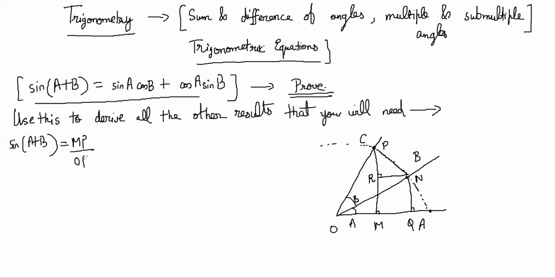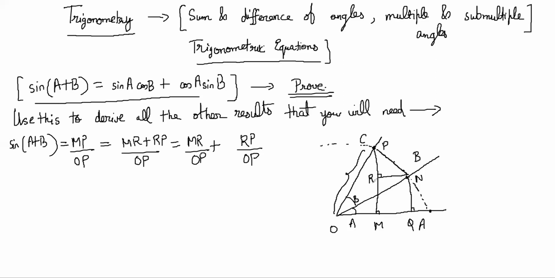MP by OP, right? Now MP can be written as MR plus RP, so this equals MR plus RP divided by OP. So this becomes MR by OP plus RP by OP, correct? Notice that OP is this distance and MR is this distance.